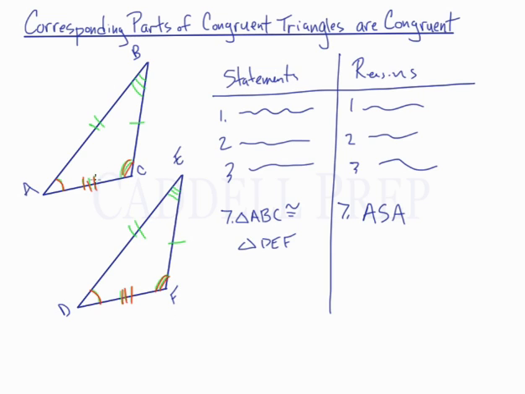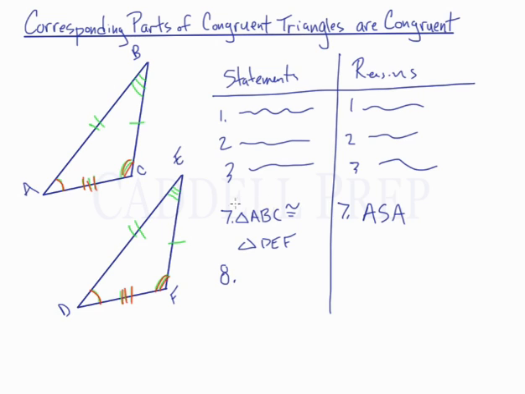But the important thing is, after we prove that, we can show a lot of things. So we could list any of these other corresponding parts of this triangle as being congruent, because we know corresponding parts of congruent triangles are congruent.